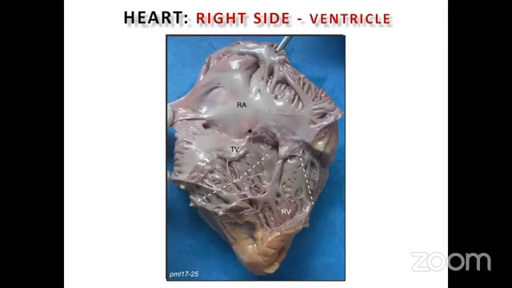This is the membranous portion of the interventricular septum, and the roof is formed at the attachment of the anteroseptal commissure.